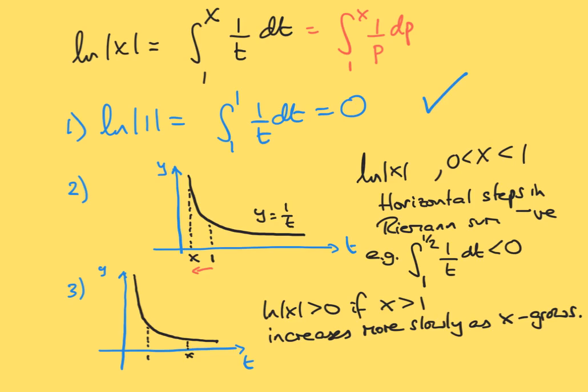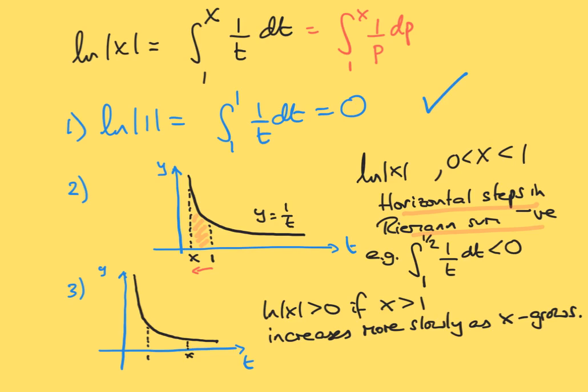But that means that we are integrating in this direction. And that means that the horizontal steps in the Riemann sum, because they are going to the left, have negative values. So an integral like this is not equal to this area. It's equal to minus this area.